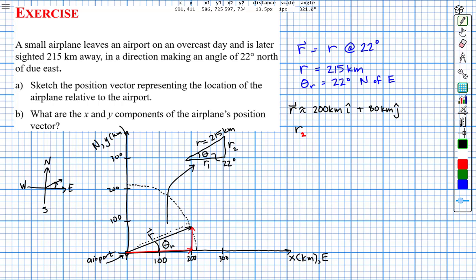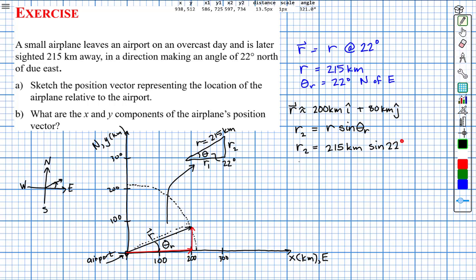So R2 is going to be equal to the hypotenuse, which is R, times the sine of that 22-degree angle. So R2 is equal to 215 kilometers times the sine of 22 degrees.